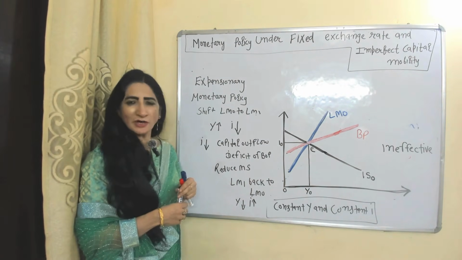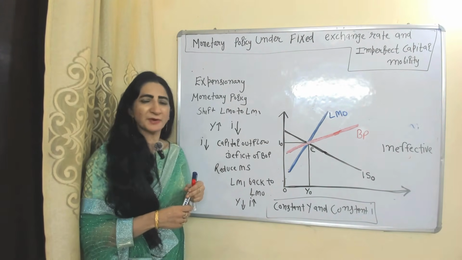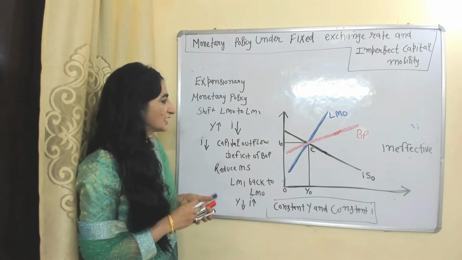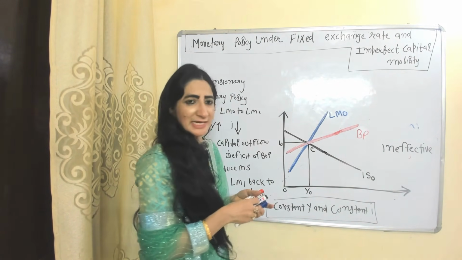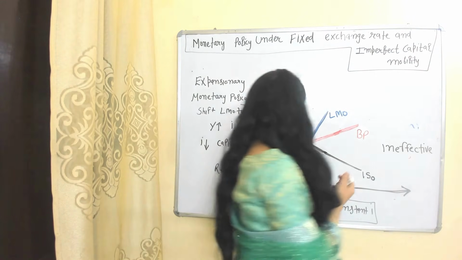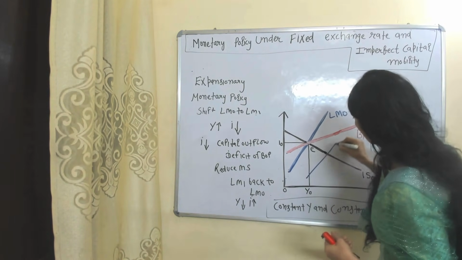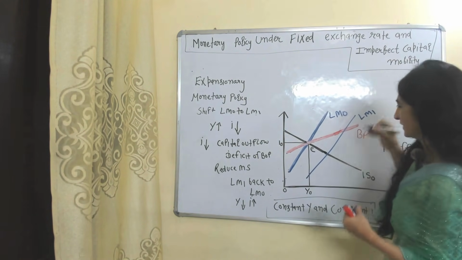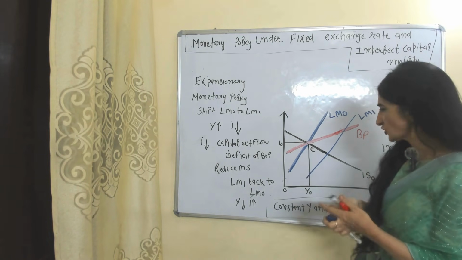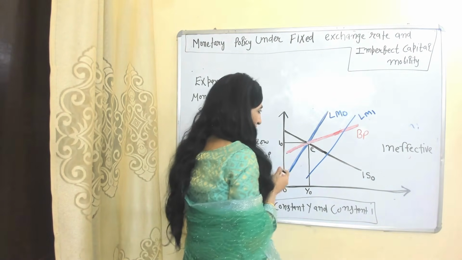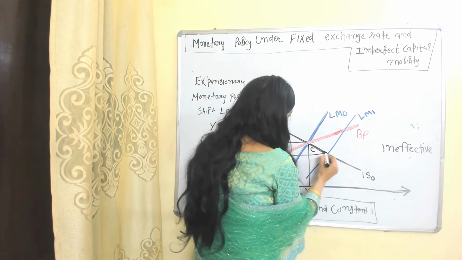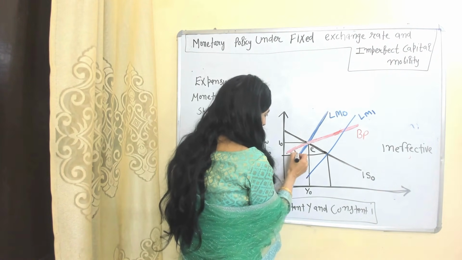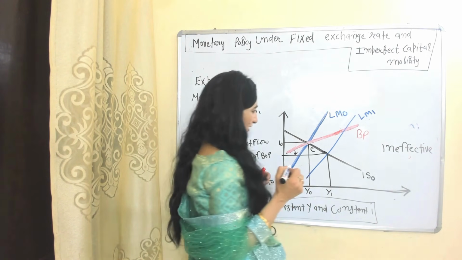Next case, monetary policy under fixed exchange rate and imperfect capital mobility. Initial equilibrium point E. Now suppose expansionary monetary policy will shift LM from LM0 to LM1. Here you can see interest rate falls and income increases.